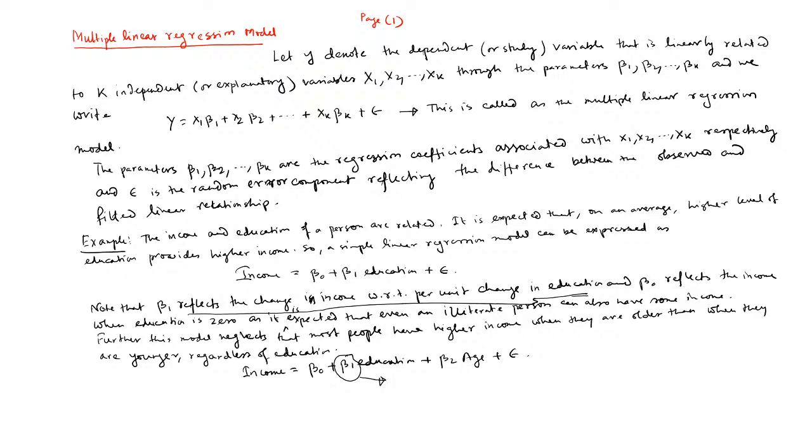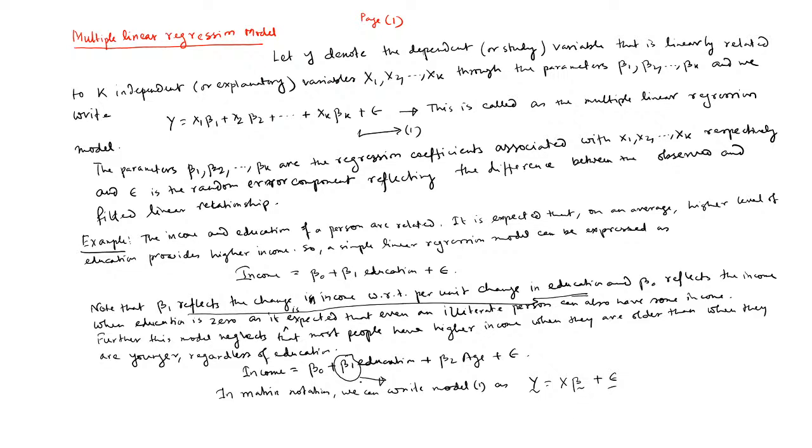So in this case the model in matrix notation we can write as y curl, which is the observation vector, equal to X beta curl plus epsilon curl. X is a coefficient matrix, beta curl is a vector of parameters, and epsilon curl is a vector of error components.